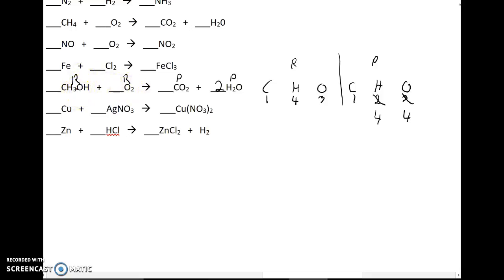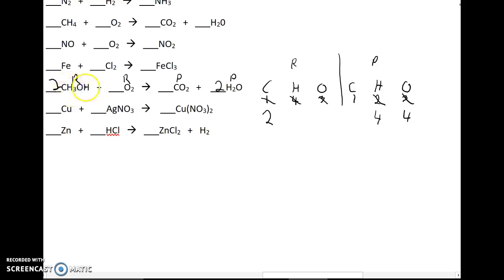So I can't add anything here to make this a 4. So what I want to do now is go ahead and add a coefficient of 2 in front of this compound. Now I'm going to cross out all of those since carbon, hydrogen, and oxygen is in this compound. So now I have 2 carbon atoms.